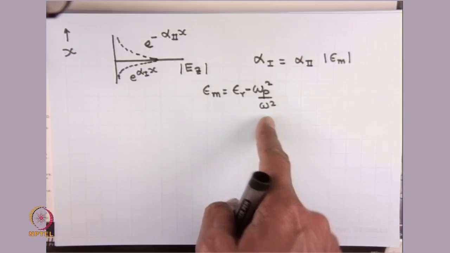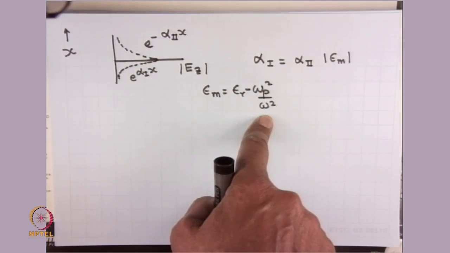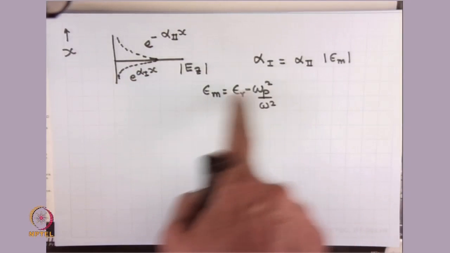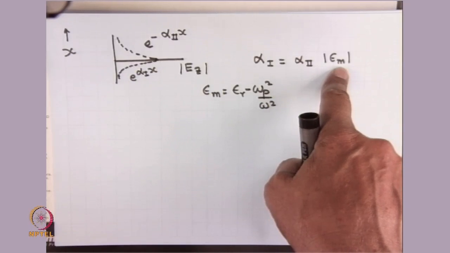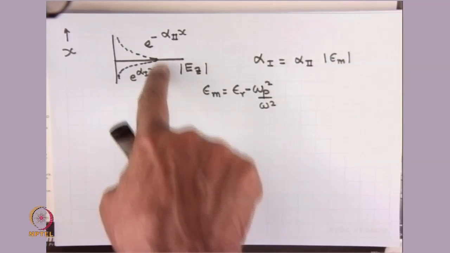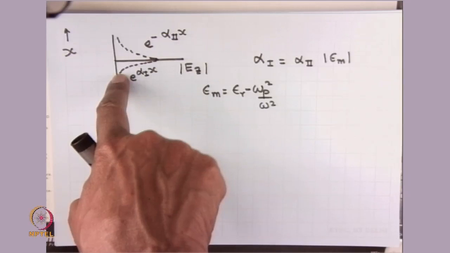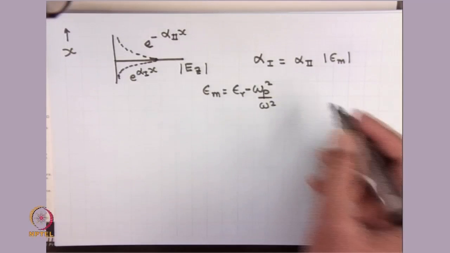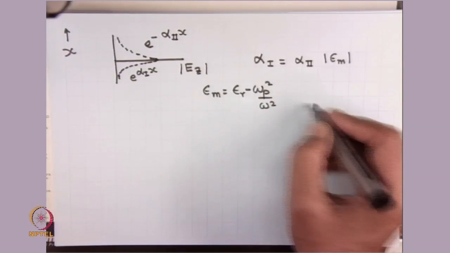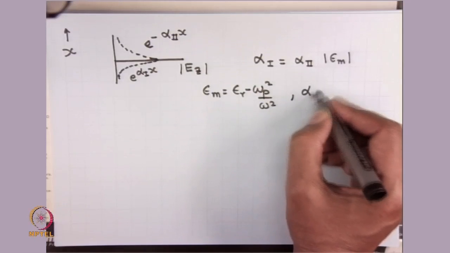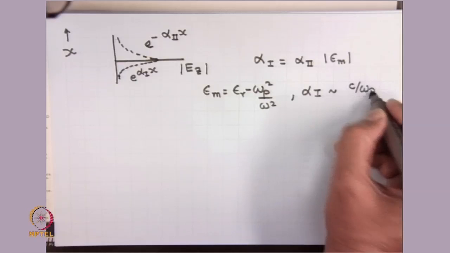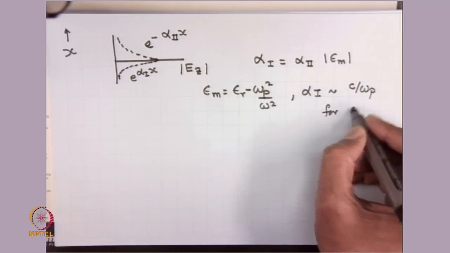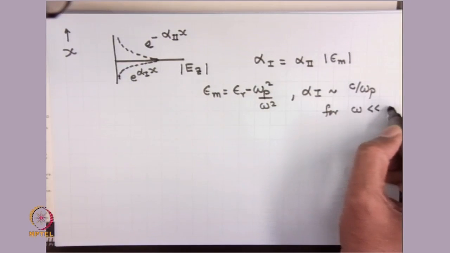So depending on the value of omega, if omega is very small as compared to omega p, epsilon m could be very large, and at those low frequencies, the field will decay very rapidly inside the conductor, and what you can see here is that alpha 1 could be of the order of c upon omega p for omega much less than omega p.